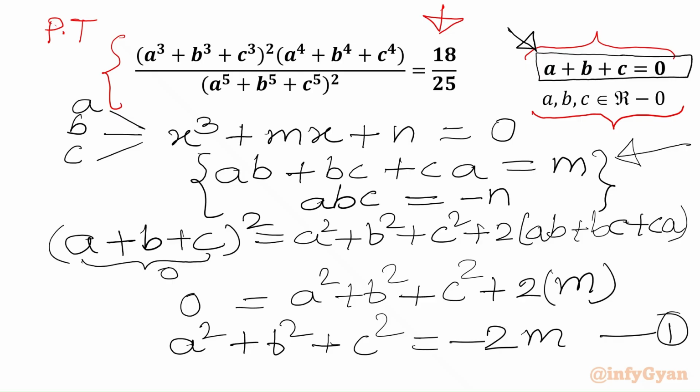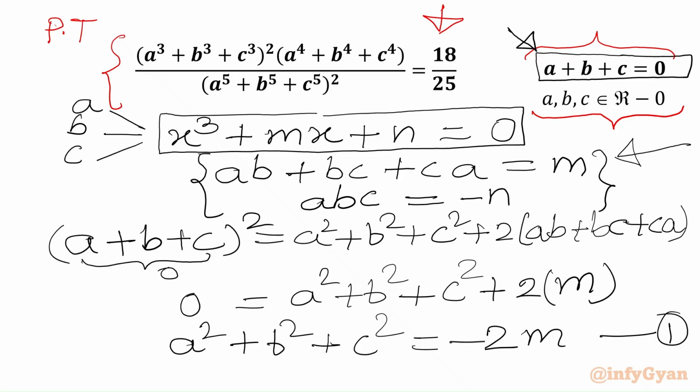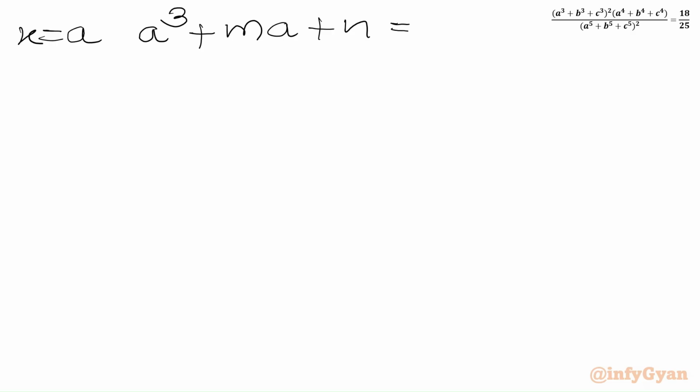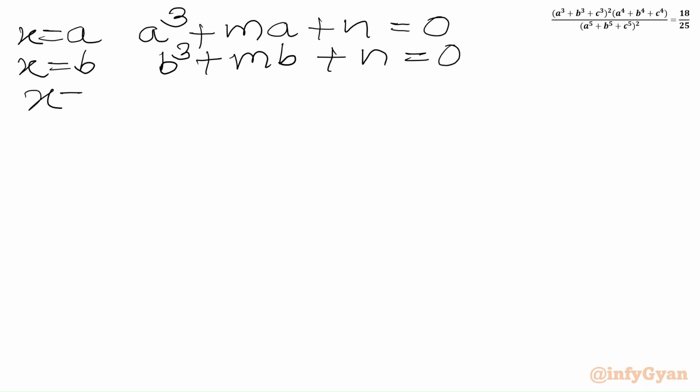Now I have to calculate a cube plus b cube plus c cube also. So I will consider our cubic equation and plug in x equal to a, b and c, as they are roots of the equation. Putting x equal to a, we get a cube plus ma plus n equal to 0. By putting x equal to b, we get b cube plus mb plus n equal to 0. And by putting x equal to c, we get c cube plus mc plus n equal to 0.